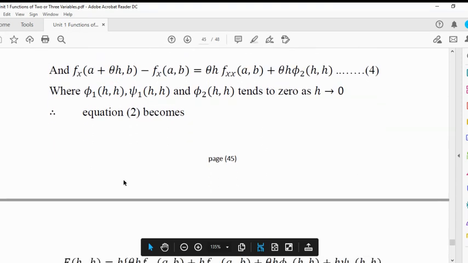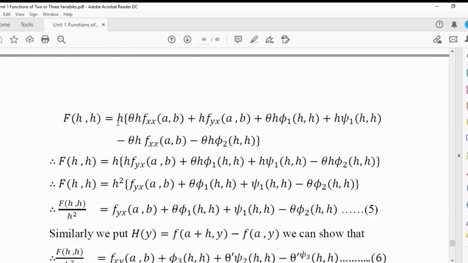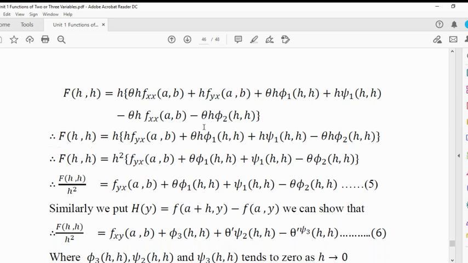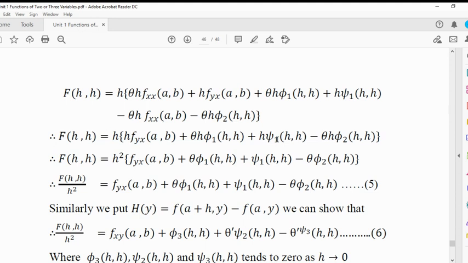Therefore, equation 2 becomes f of (h, h) equal to h into [theta h fxx(a, b) plus h fyx(a, b) plus theta h phi 1(h, h) plus h psi 1(h, h) minus theta h fxx(a, b) minus theta h phi 2(h, h)]. Now we can take h on the left-hand side, and also take h as common from the whole terms.